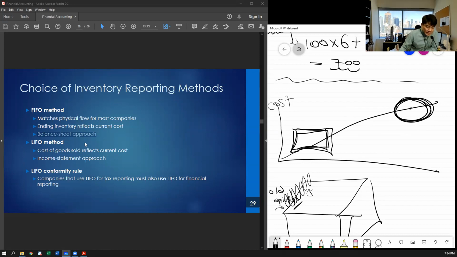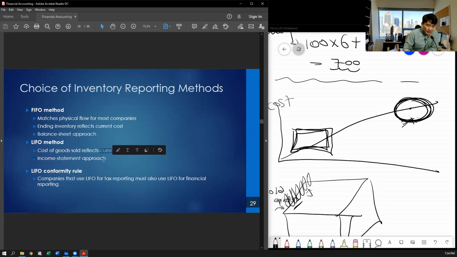So in this case, the cost of goods sold, instead of ending inventory, reflects the current cost. Since this cost or expense is more related to the current cost, we call it an income statement approach. Okay.